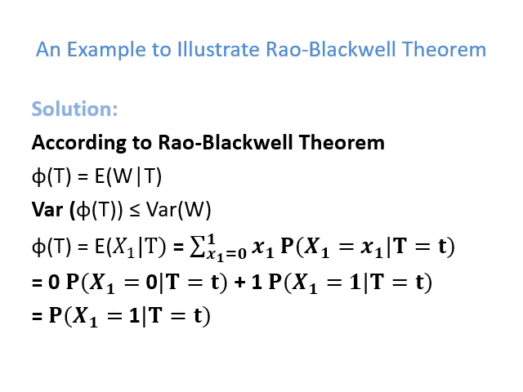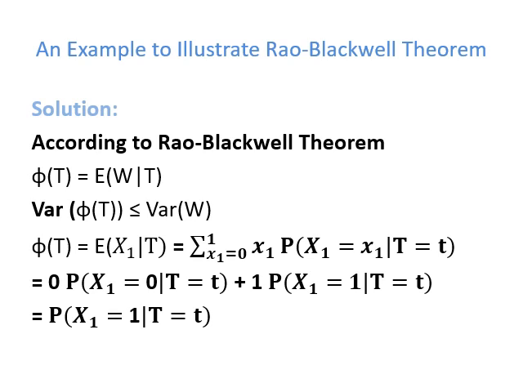But of course here the probability can never be infinite, because the probability always lies between 0 and 1. So always the first term will be 0, so we are left only with the second term, 1 times the probability that X1 equals 1 given t. This means that the conditional expectation of X1 given t will be equal to the probability that X1 equals 1 given t.